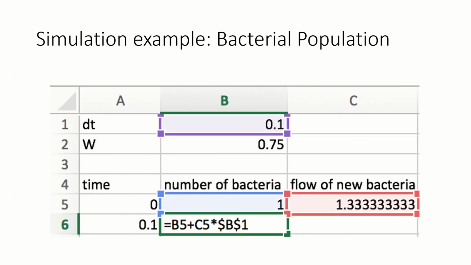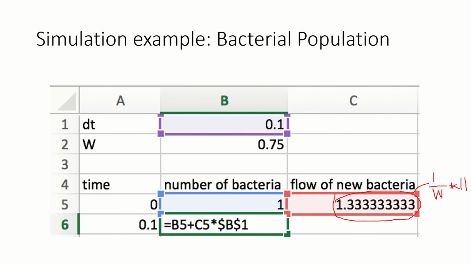Yeah? I was just wondering, if the flow is calculated by 1 over W, then what were we talking about as being DT before? That's the interest rate. So the flow, this here is the 1 over W. It's actually 1 over W times the number of bacteria.